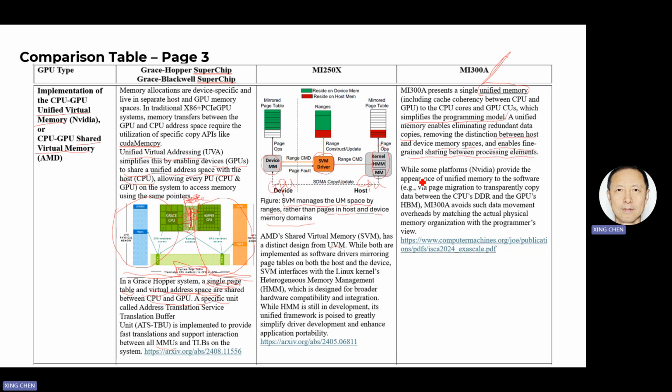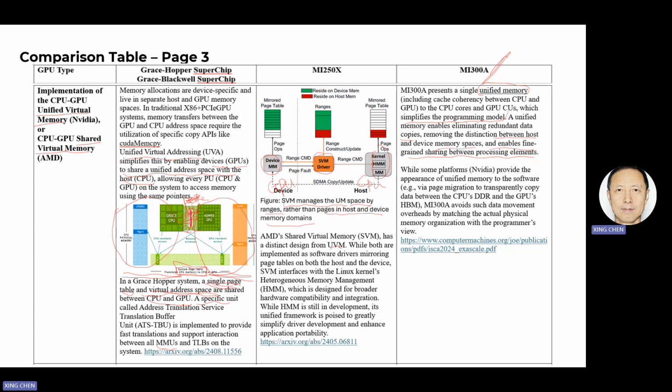It's saying that Nvidia provides a kind of unified memory to the software by using page migration to transparently copy data between the CPU DDR and the GPU's HBM memory.